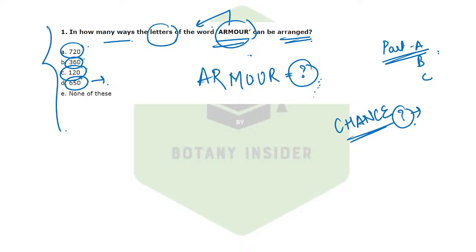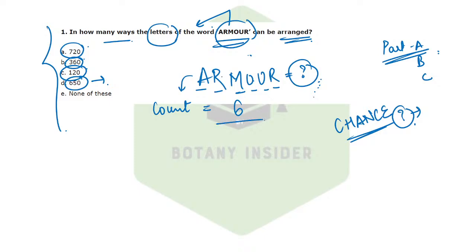You need to find out in how many ways you can arrange this term. The simple concept behind this type of question is that you first count the number of letters. The number of letters here is 1, 2, 3, 4, 5, and 6, so you write 6 factorial in the numerator.